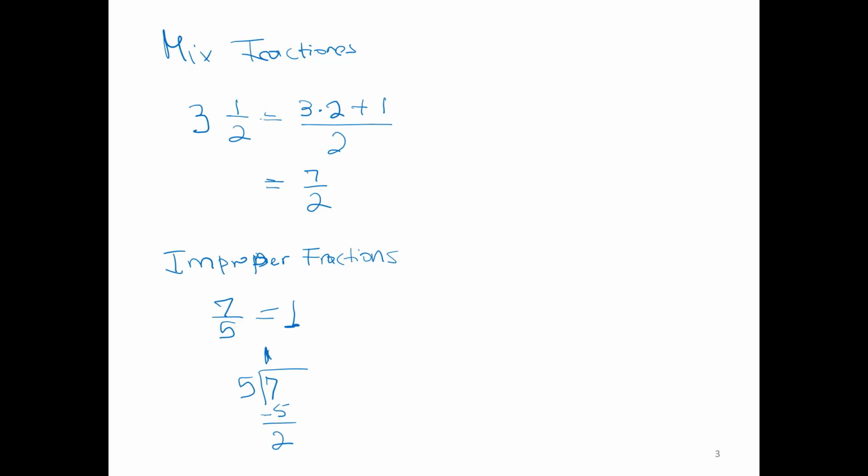The remainder is the numerator, and the divisor is the denominator. And we can test this one: 1 times 5 is 5, plus 2 is 7, 7 over 5.